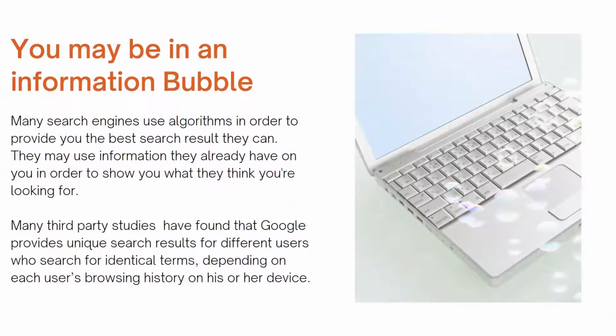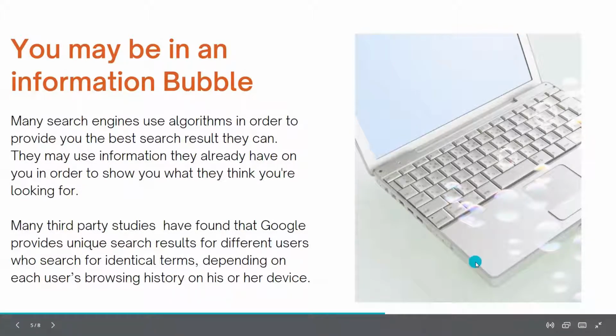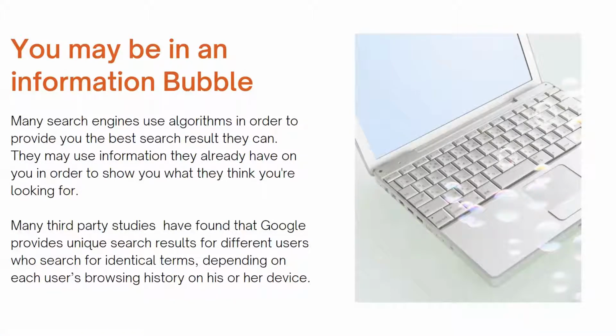And you may be in an information bubble. What this means is that when you search in a search engine, you're basically using their algorithm, which provides you what they think you want to know. They're using this algorithm to provide you the best information that they think is out there, and a lot of the time, they want you to click what they show you.